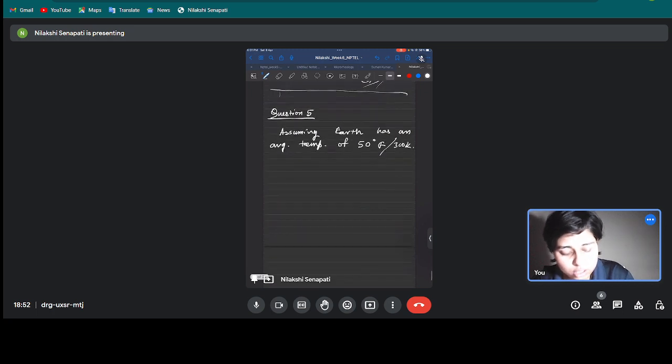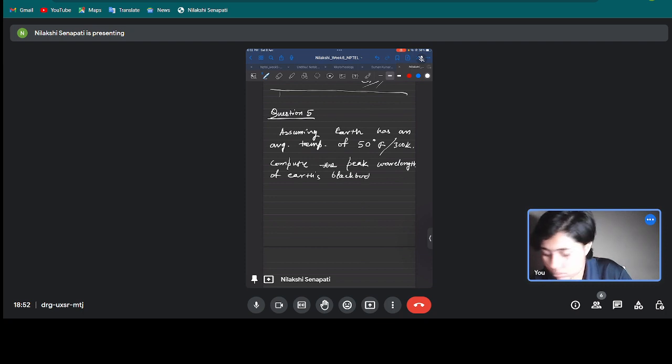Then compute the peak wavelength of Earth's blackbody radiation.